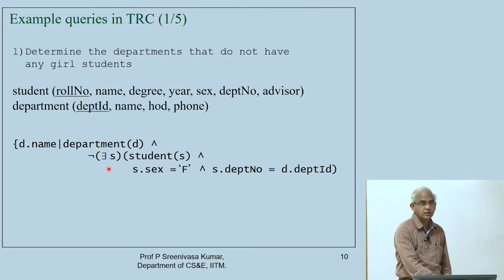So there does not exist any tuple assignment s such that it is a student tuple, and corresponds to a female student, and the department number of that current assignment of the student tuple is in fact equal to the department under consideration. Remember that whenever we make some variable a free variable, we are considering all possible assignments for this variable. So there is always a current assignment to that, okay.